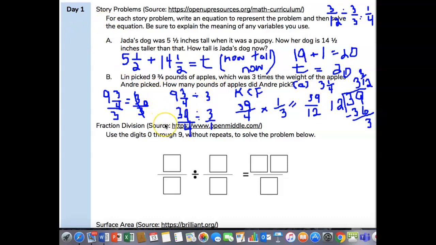All right, let's look at the next one here. Use the digits 0 through 9 without repeats to solve the problem below. Hold on a minute. I played around with this quite a bit.